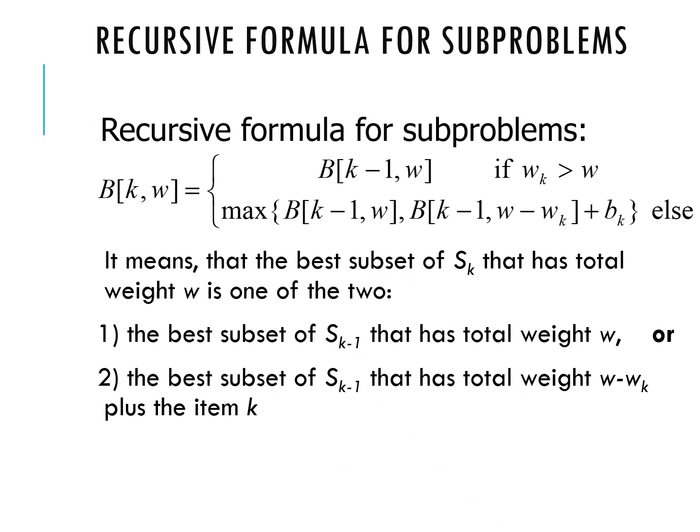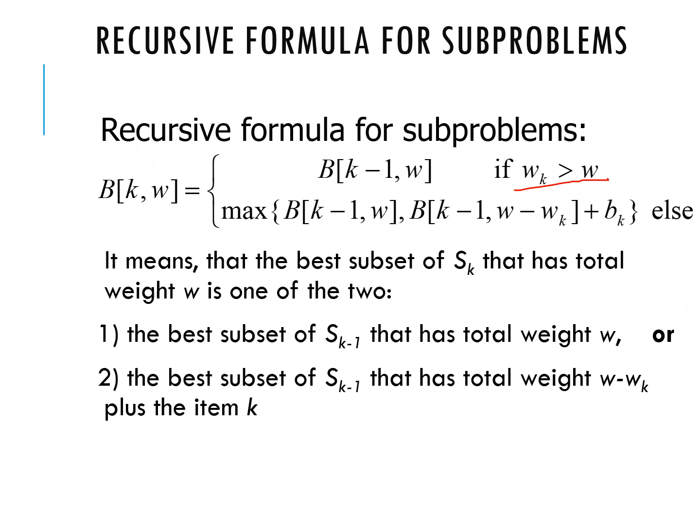We can define it formally as a recursive relation, like benefit of k comma w would be benefit of k minus 1 comma w if weight of that item is greater than w. That means the old solution would be the current solution if you cannot pick the current item.